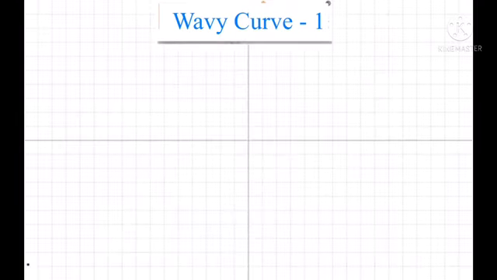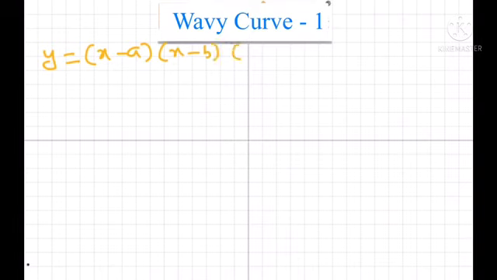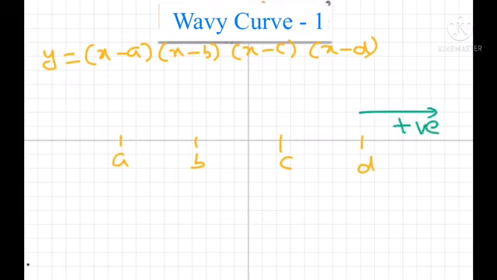Let's move on and see if we have 4 factors. So consider y equal to (x minus a)(x minus b)(x minus c)(x minus d). I am assuming a here, b here, c here, and d here. In the sign scheme, the rightmost part is always positive. Then keep on changing the sign. This is positive here, so this region must be negative.